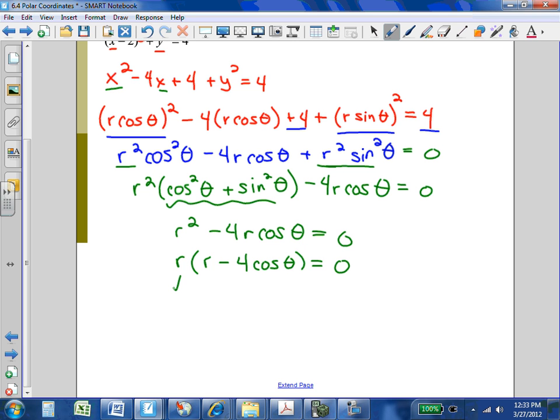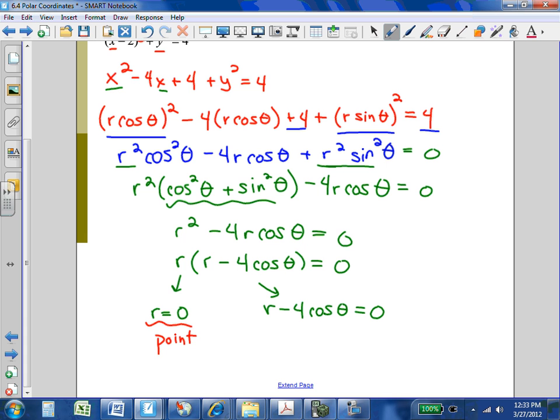So now I'm going to set each factor equal to 0. I have r equals 0, and I have r minus 4 cosine theta equals 0. Well, this one over here is kind of bogus. r equals 0, it's just a point. So that doesn't really do a whole lot for us.